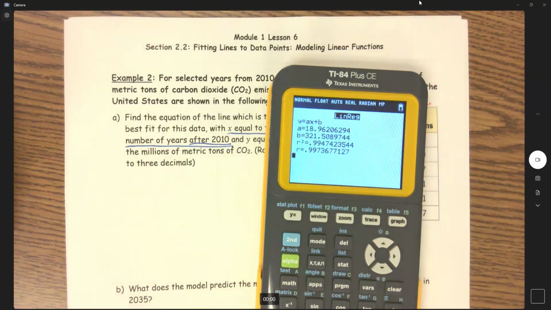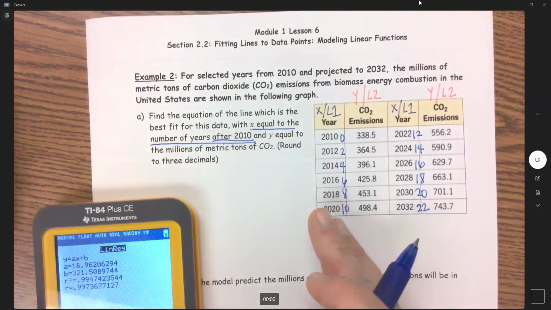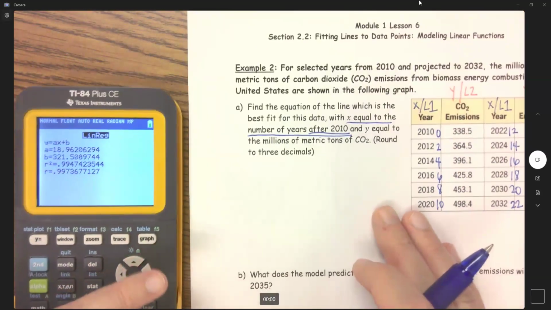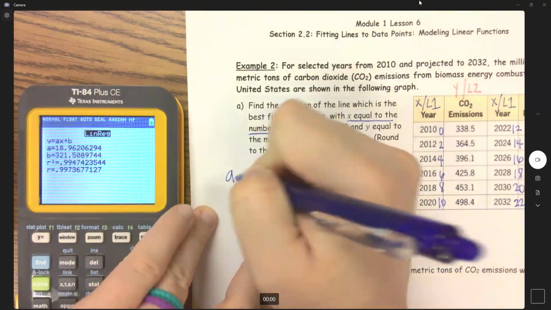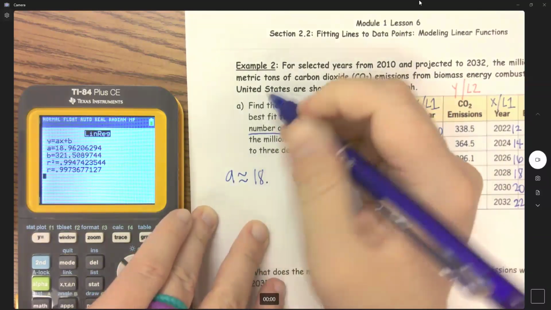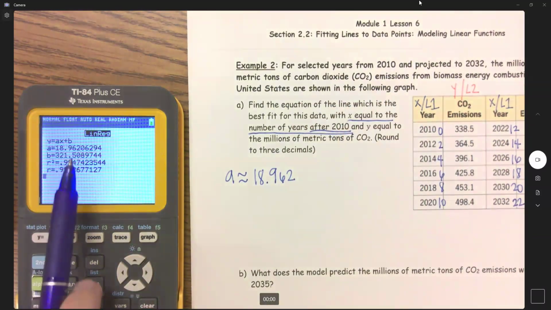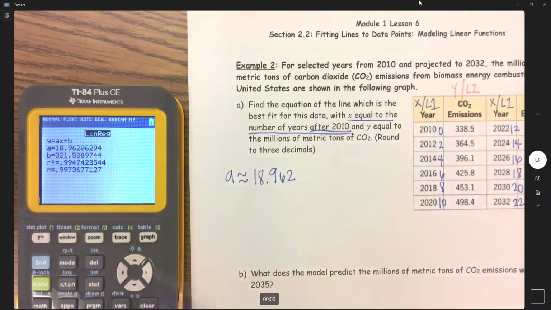So here is my linear regression. So we're rounding to 3 decimal places. So my A is about 18.962. That 0 makes that 2 stay.